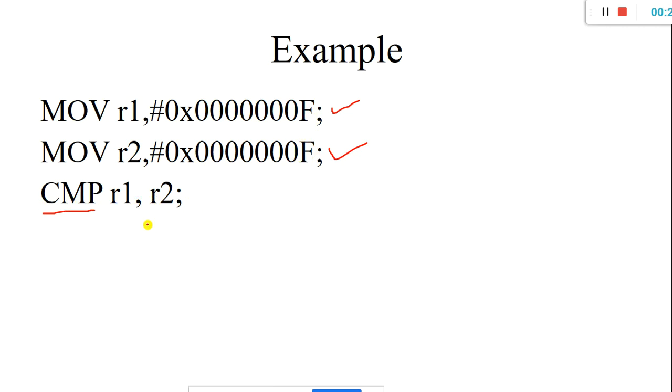Using these two instructions, I can see whether R1 and R2 are equal, or R1 is greater than R2, or R1 is less than R2. These are the three different outcomes I will come to know with respect to the compare instruction.